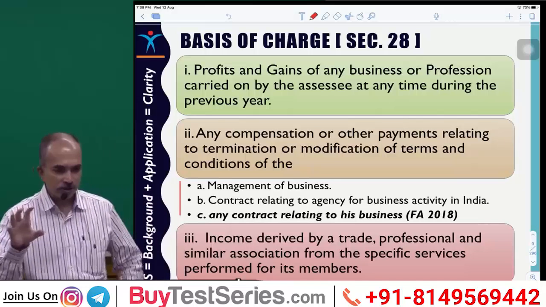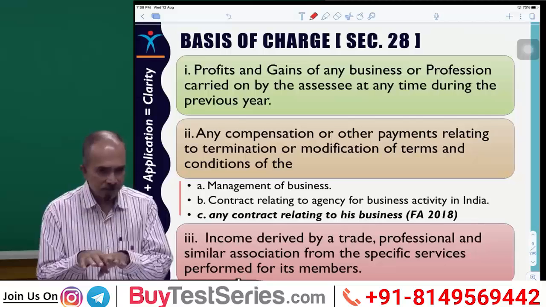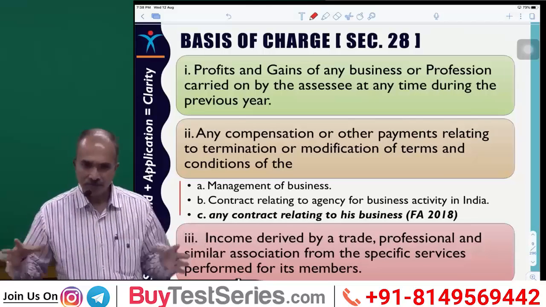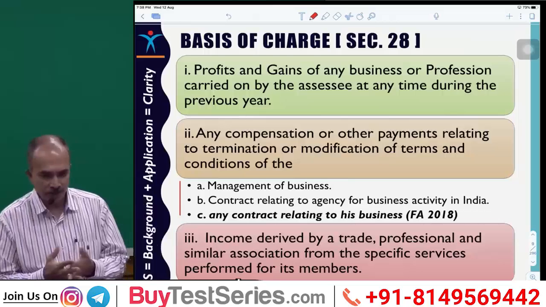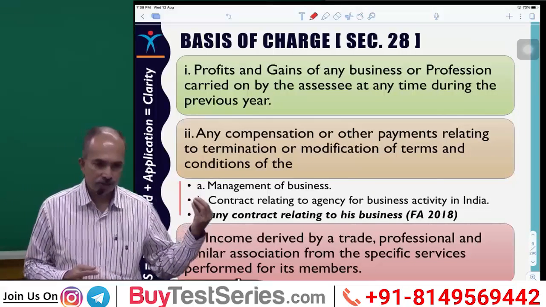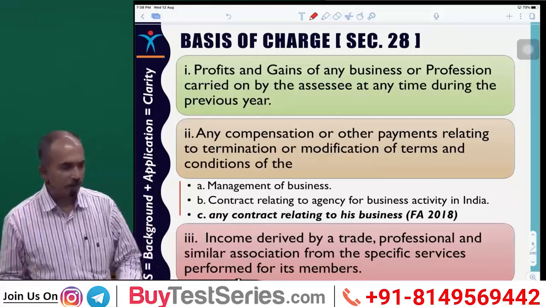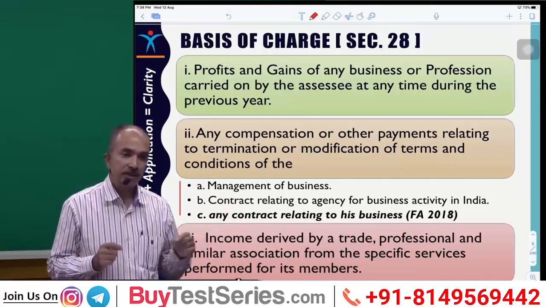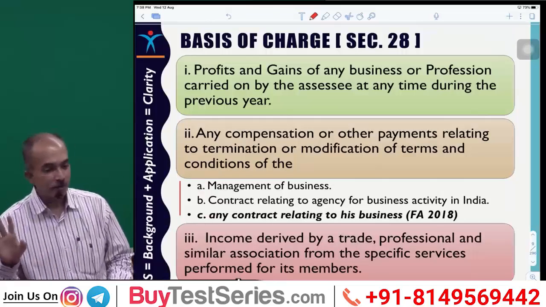A trade or professional association usually is a mutual entity. Members contribute fees. Fees are spent for the benefit of all. The surplus that remains is exempt on the principle of mutuality. But if the professional or trade association gives specific services to one particular member, it will be treated as income of this association, not protected by mutuality.